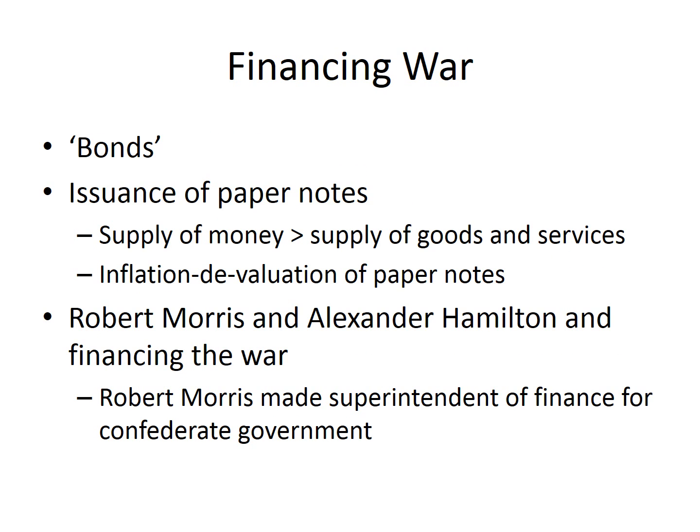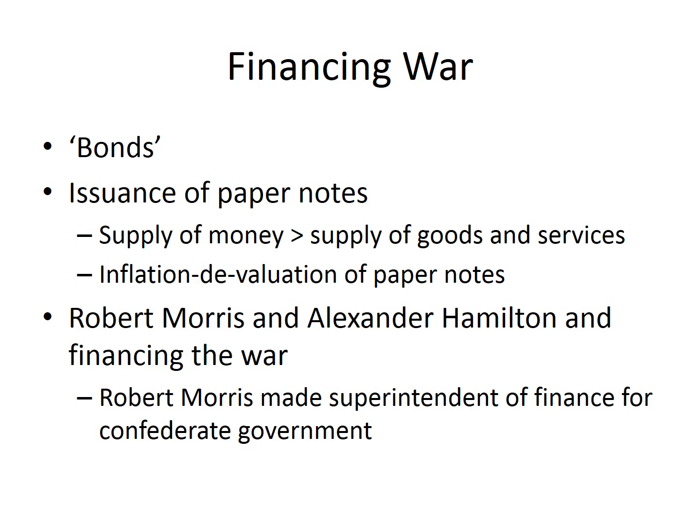We briefly discussed this idea of financing the war before, and we'll discuss it again now. The main ways in which the United States or the colonies finance the war against Britain is to print money, which massively increases the supply of it, and to issue bonds.